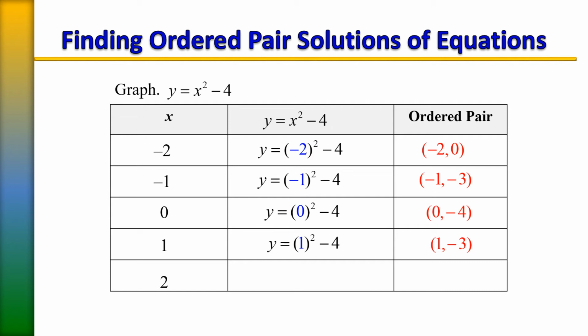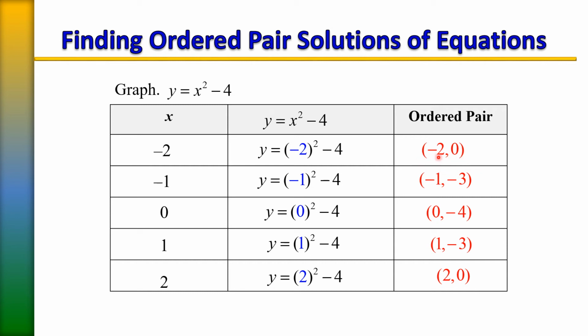So let's continue. The last point we want to plug in is a 2. When you remove the x and replace it with 2, you're going to have 2 squared. 2 squared equals 4, and 4 take away 4 will leave me with 0. So when we plug in a 2, what we get out for y is a 0, which again is similar to the other side.